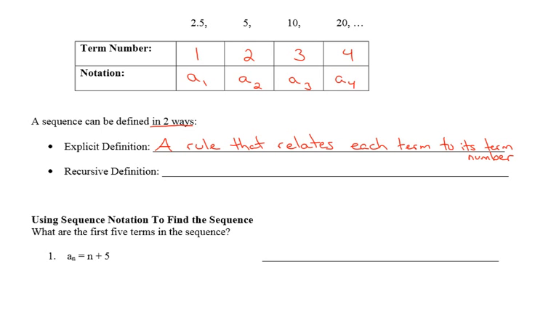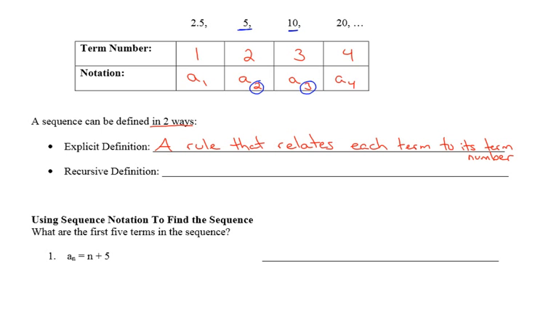In other words, if I were to look at the sequence that we just saw, how could I relate the term number to the number of the sequence, 5? How could I relate the 3 to the 10? That's what an explicit definition does. It connects the term number and the number itself.